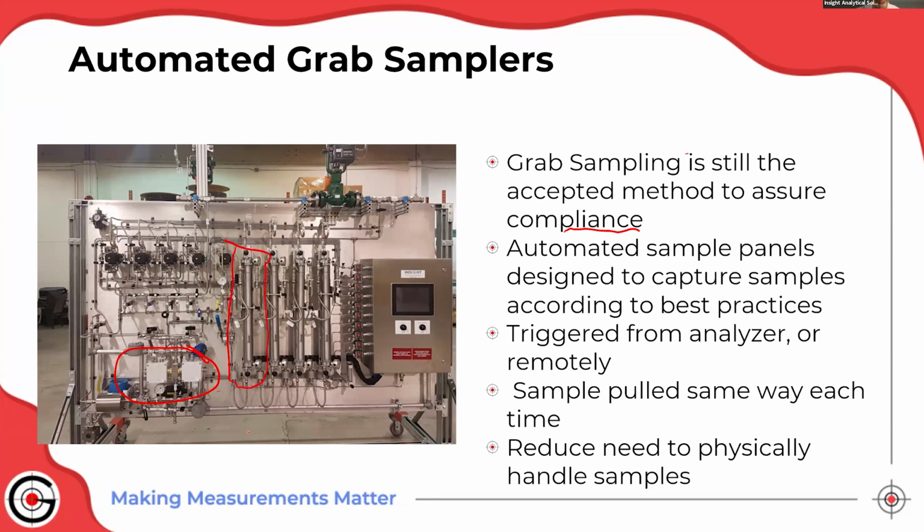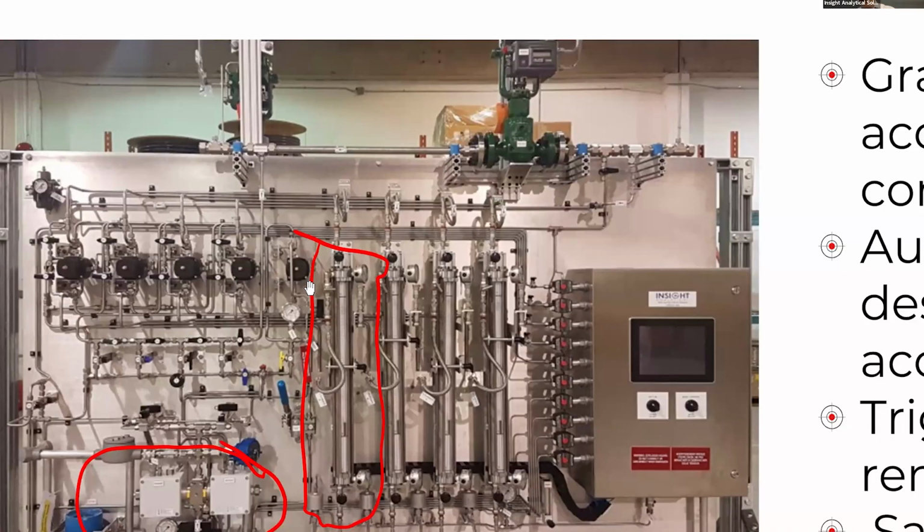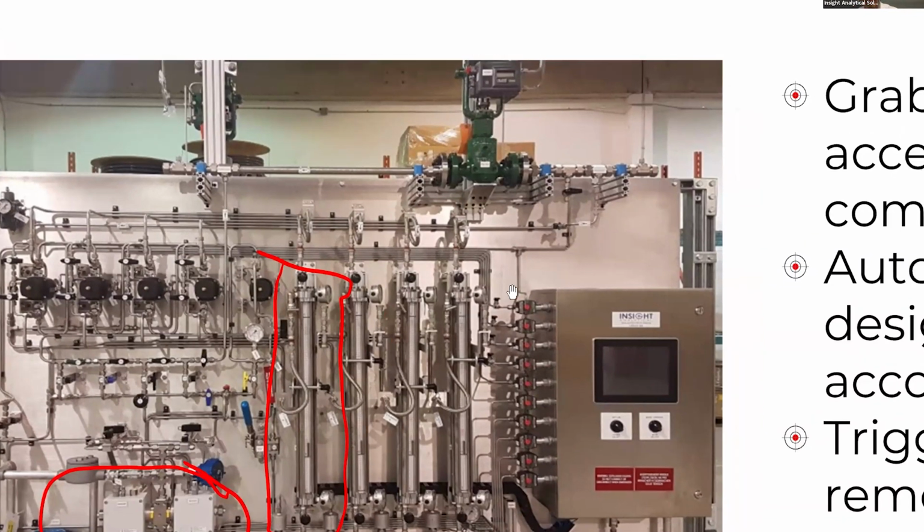There are 4 sample cylinders waiting to be filled. And if the analyzer sees off-spec product or product that it doesn't understand, it can trigger the PLC and tell the PLC to fill up a cylinder. And so we'll automate these grab sampling stations.